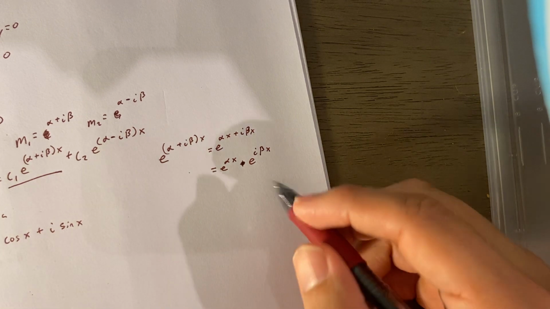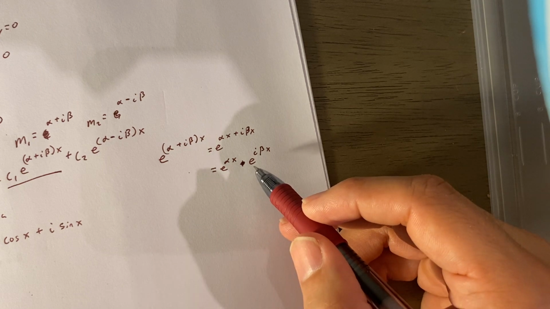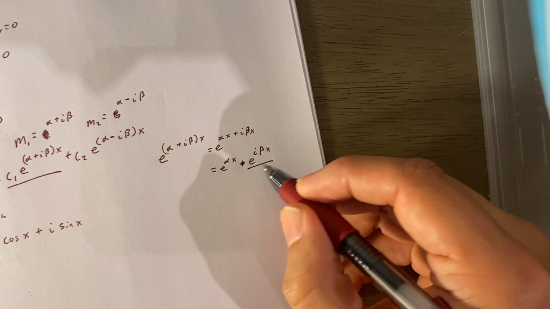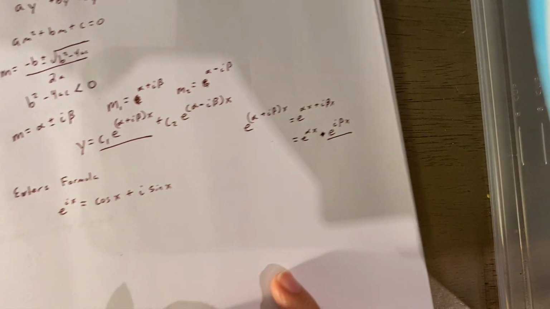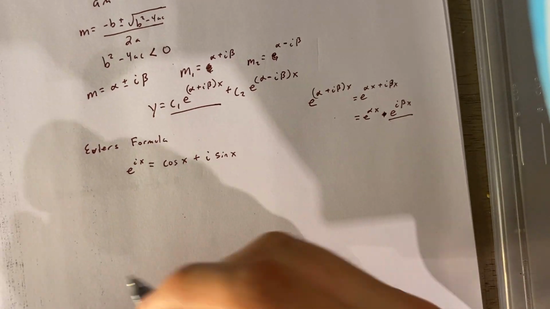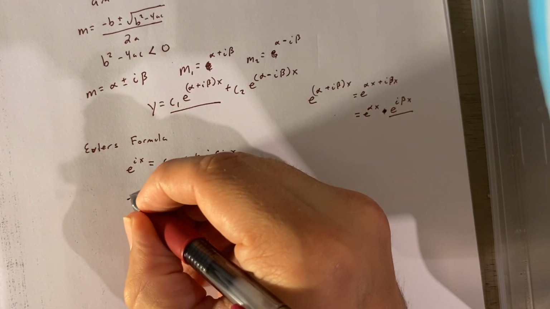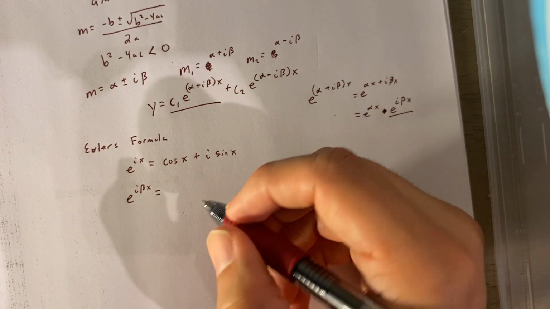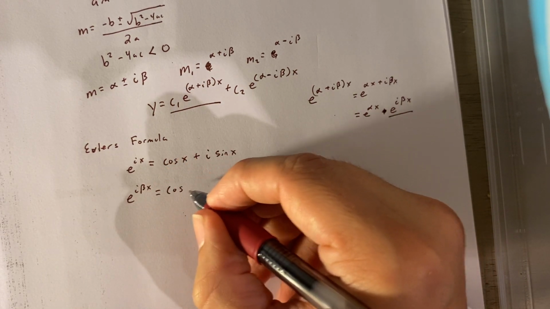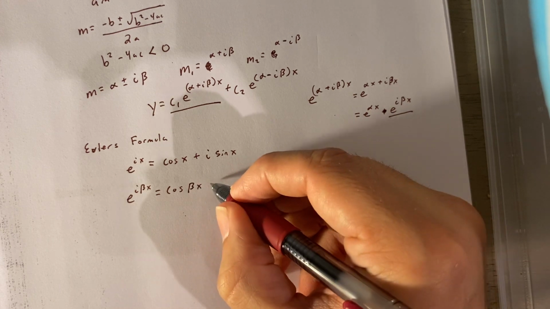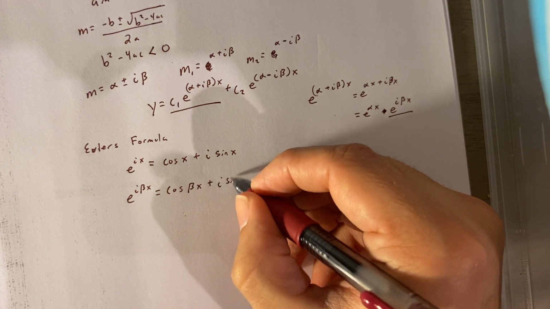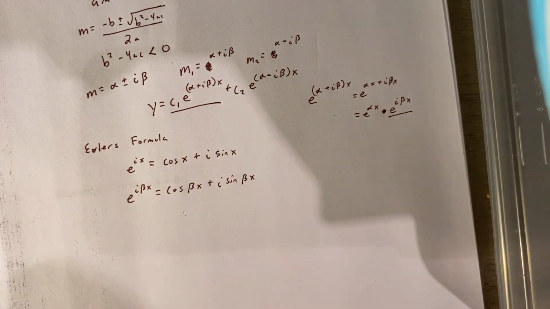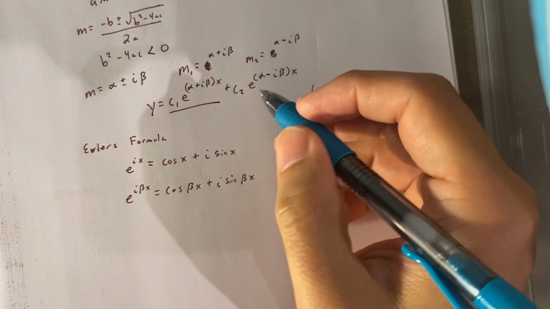And now what I can do is substitute right here e to the i beta x into Euler's formula. Instead of having e to the ix, I can have e to the i beta x, and that's just going to equal cosine beta x plus i sine beta x. And I can do the same thing with the second solution.